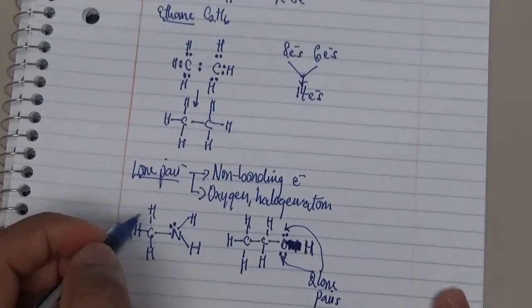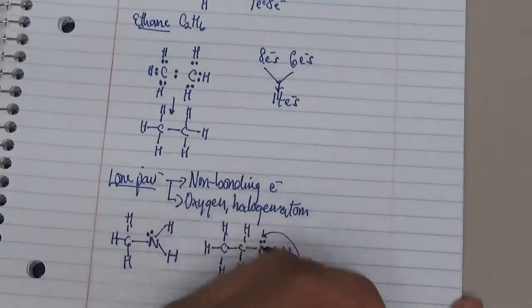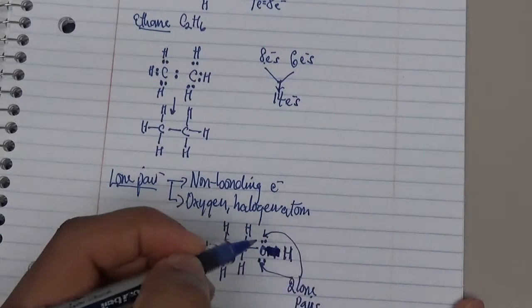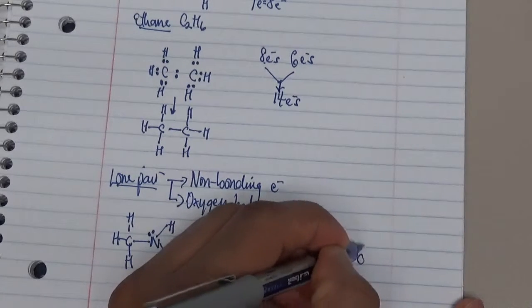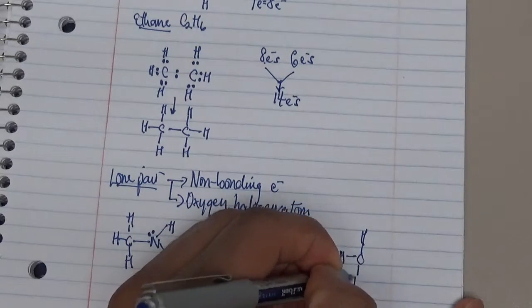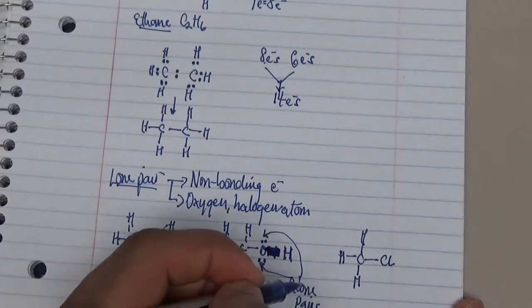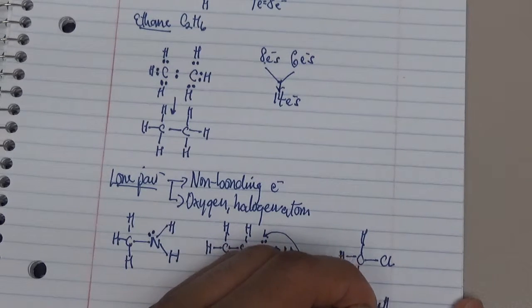And finally, if you're including a halogen, either fluorine or chlorine or iodine, we have carbon attached to Cl, which is chloromethane. This is also a solvent as well. Chloromethane.